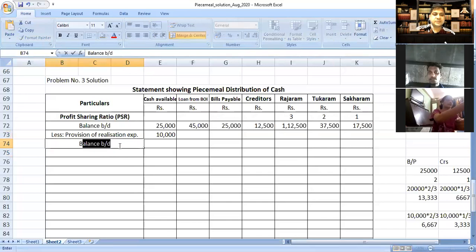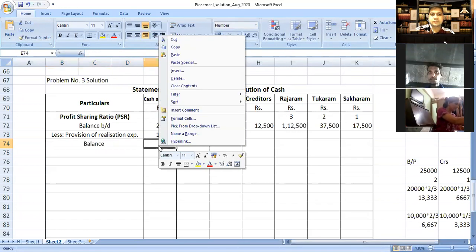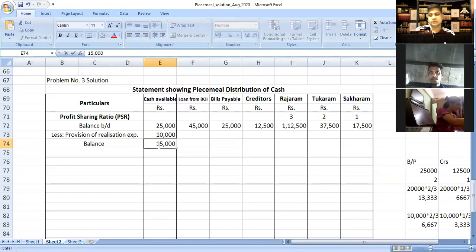Now the balance available, the cash balance available, is rupees 15,000. We have 15,000 available cash after deducting the realization expenses provision. Now what we have to do is use this 15,000 for payment of the loan from Bank of India.